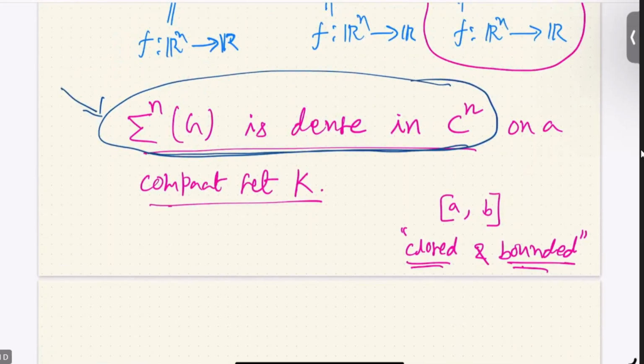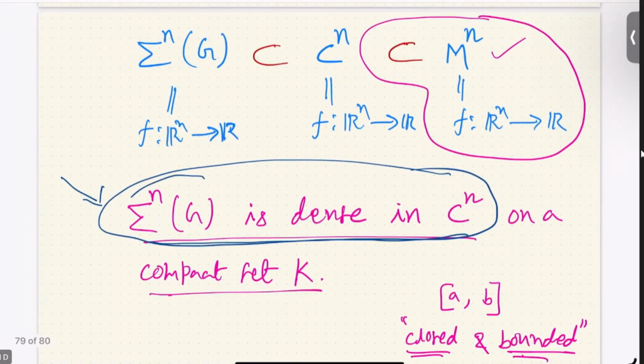We apply the same dense definition on these neural nets inside continuous functions. Sir, sigma n will contain every continuous function. It can approximate every continuous function. It means that the neural networks are dense inside continuous functions.